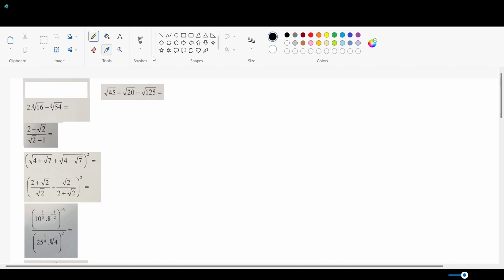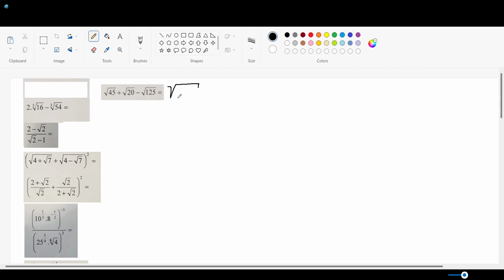So basically what we can do here, we can see that 45, 20 and 125 are not nice numbers to square root. So we will try to simplify and make prime factorization.